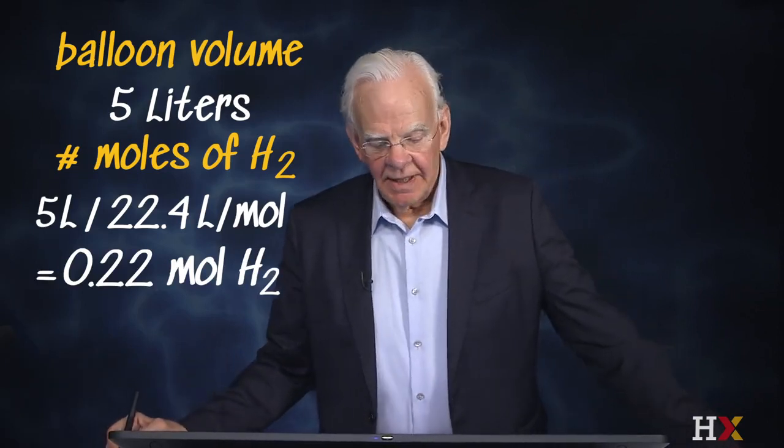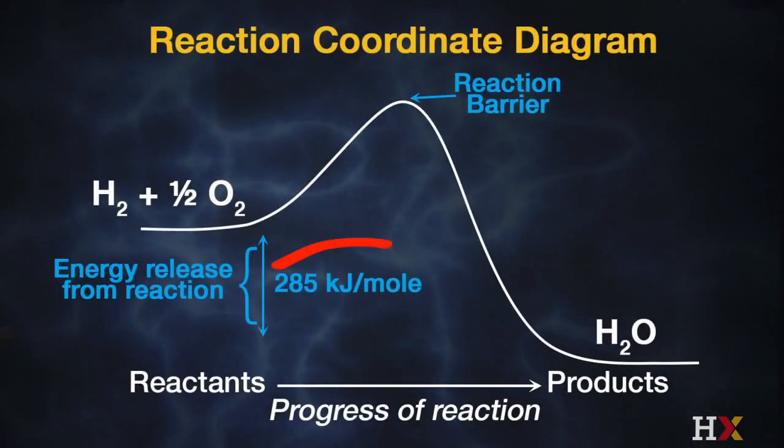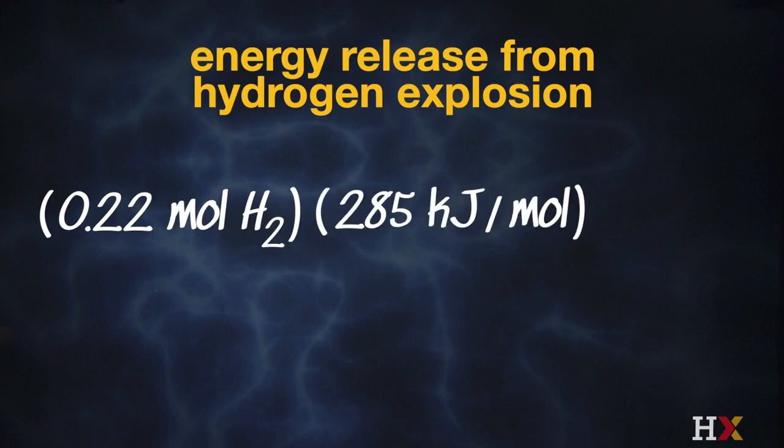Good. Well, that allows me to calculate the chemical energy release because I know that I have 285 kilojoules per mole of energy released in this hydrogen explosion. So I can simply multiply 0.22 moles of hydrogen times the energy released per mole. That's equal to 285 kilojoules per mole.